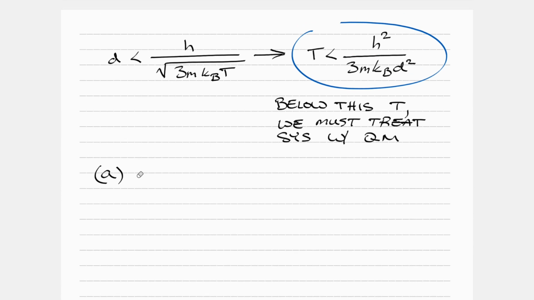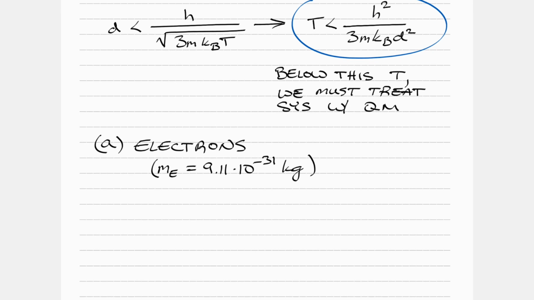But for electrons first, so let's be clear, electrons. Obviously the mass of an electron is equal to 9.11 times 10 to the minus 31 kilograms. And so we simply plug into this formula up here for T that we already used, and we find that T is less than 1.3 times 10 to the 5 Kelvin.